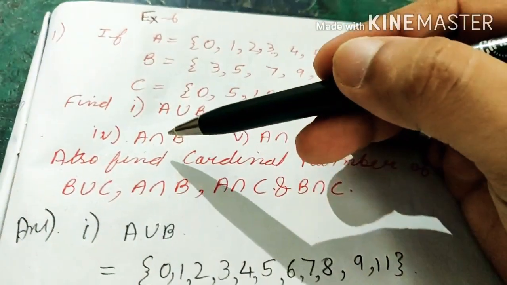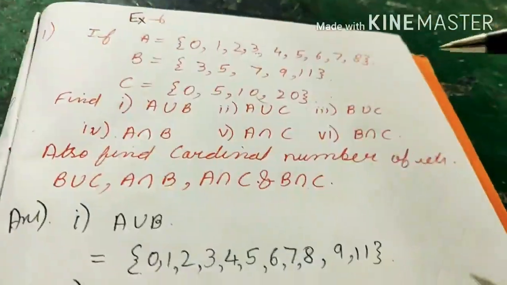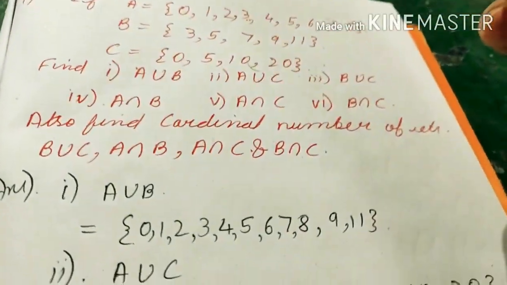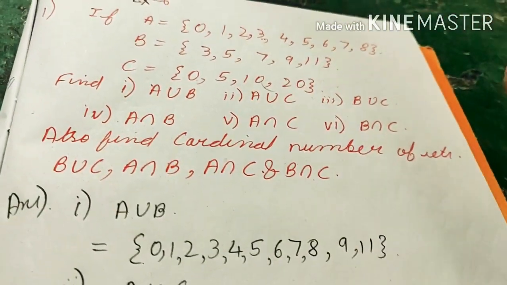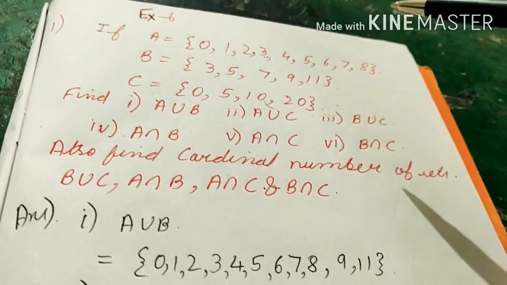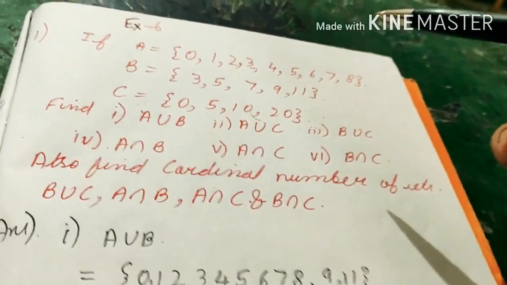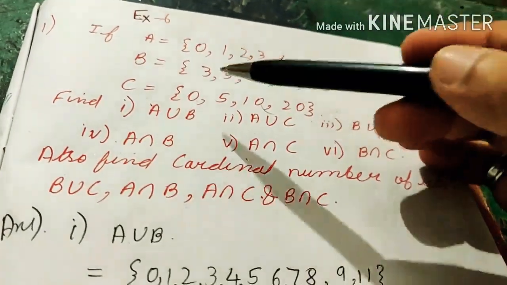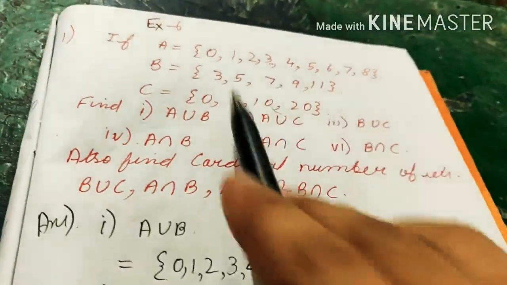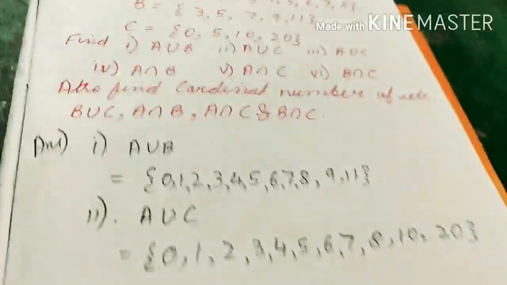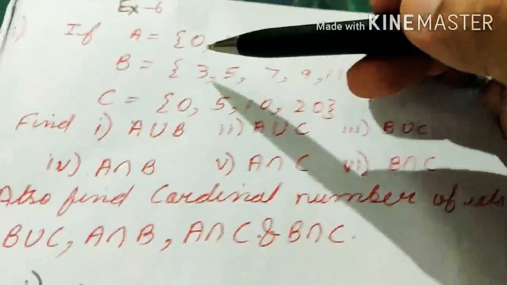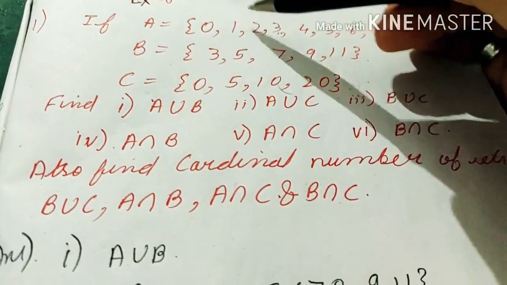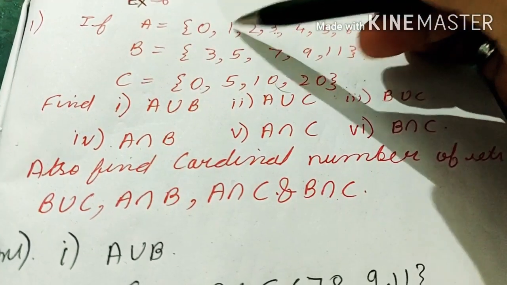Okay, what next? You have to find the value of A intersection B. Intersection means finding a set that has the common values of A and B. For A, if we check here, A has 0, 1, 2, 3.